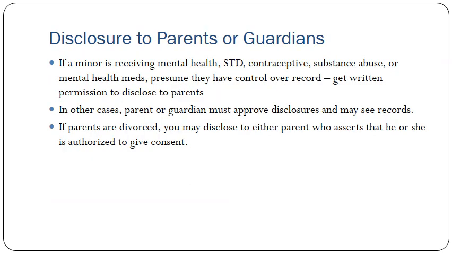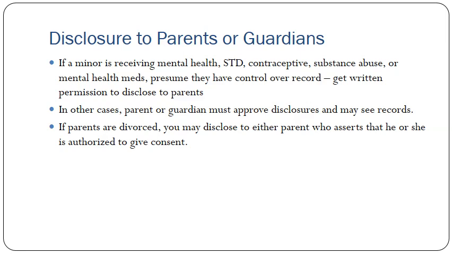The pharmacy or any other health care provider must get the minor's consent to release health information to the parent if the treatment is related to mental health, STDs, contraceptives, or substance abuse. Pharmacies cannot release the minor's mental health medications without consent.